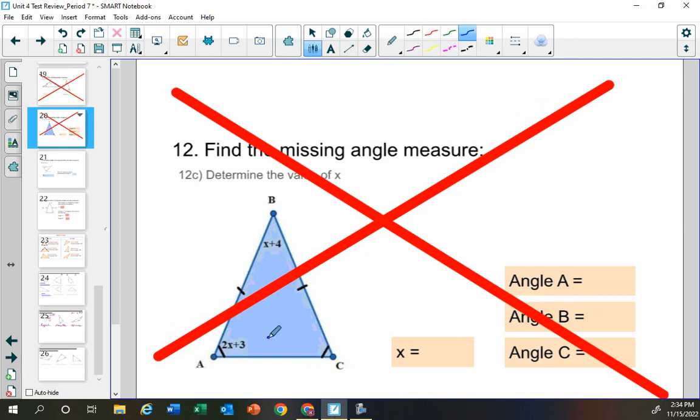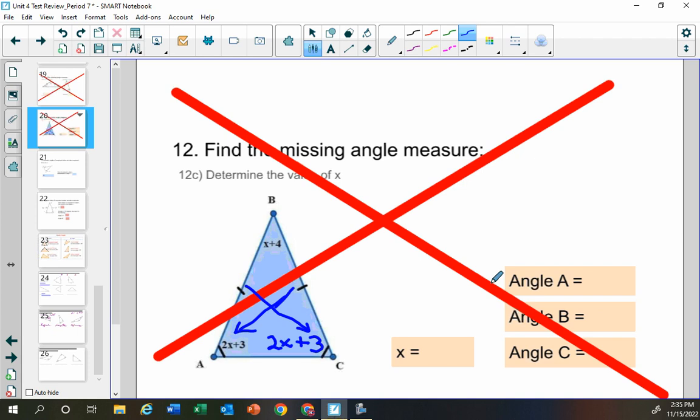another 2x plus 3 over here, because these two angles were congruent. Look at it. But then you're back to what you were doing before.